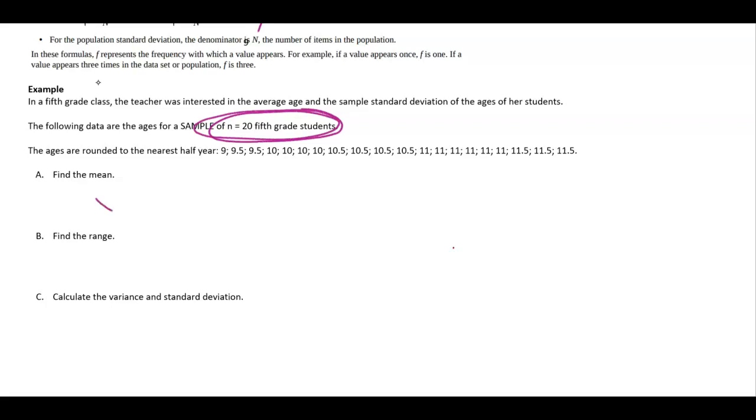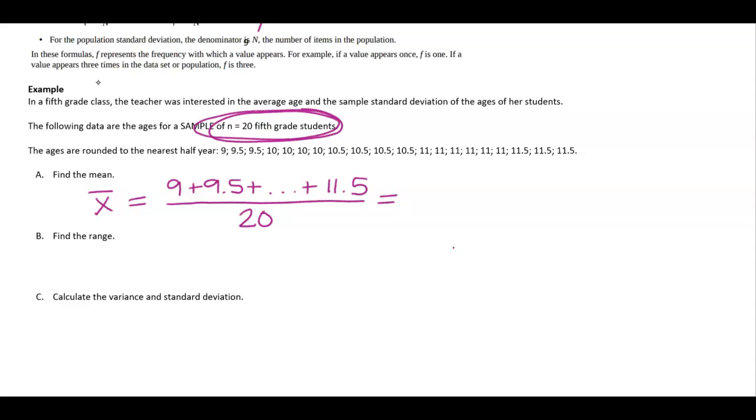But since this is a sample, we're going to find the mean by calling it x bar, and I would add all 20 of these students' ages up, and then divide by 20.